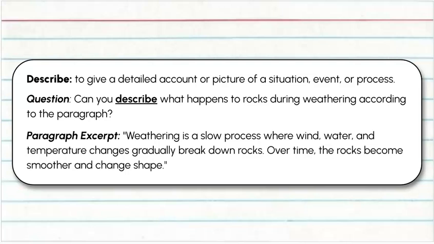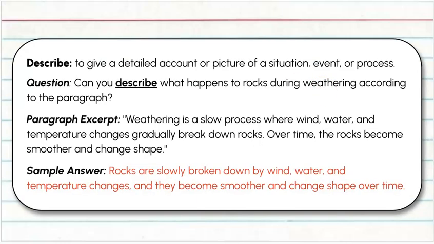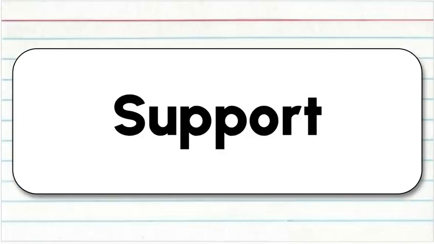Over time, the rocks become smoother and change shape. That tells us what happens during the process. So we could answer it this way: rocks are slowly broken down by water, wind, and temperature changes, and they become smoother and change shape over time. So we're taking what they said and putting it in our own words. We don't want to just copy.